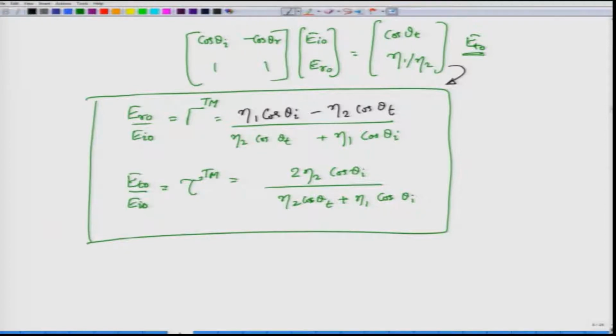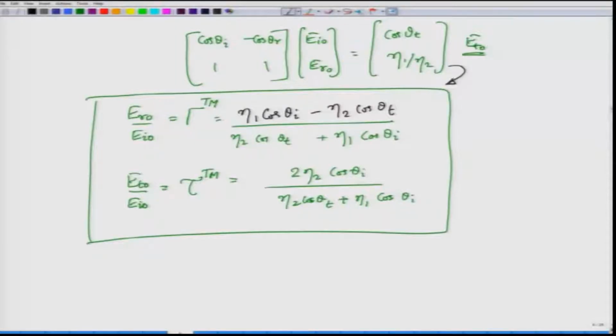One could of course write down a similar equation for the transverse electric case. One could follow the same steps, okay, except in this transverse electric case it will be the electric fields which would be along the y axis and the magnetic field will be lying in the x and z plane, with again the z equal to 0 plane being considered as the plane of interface. Okay.